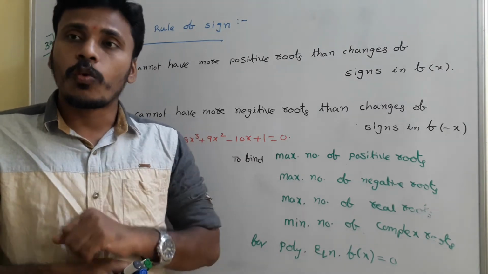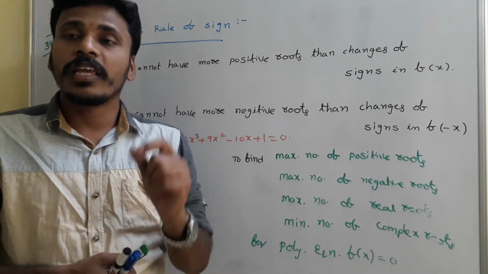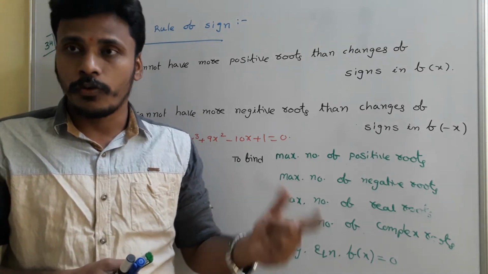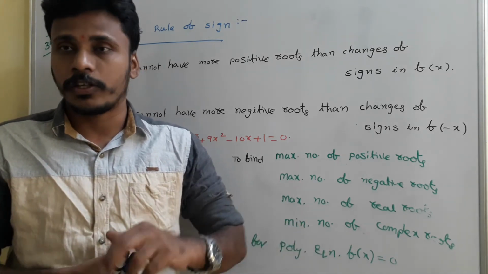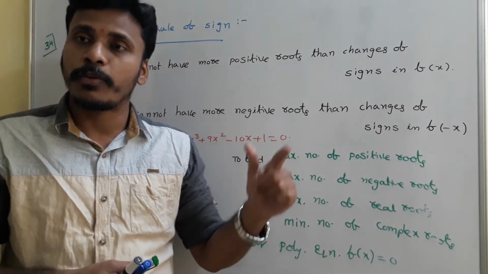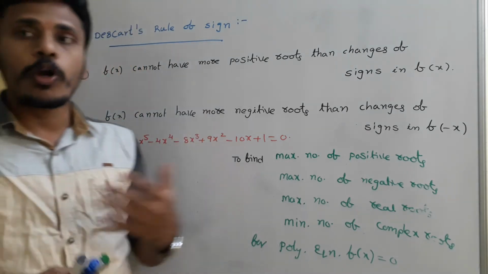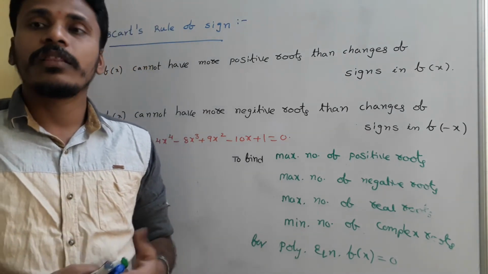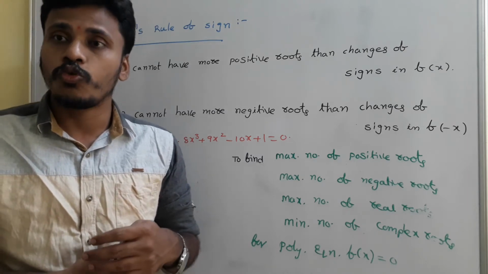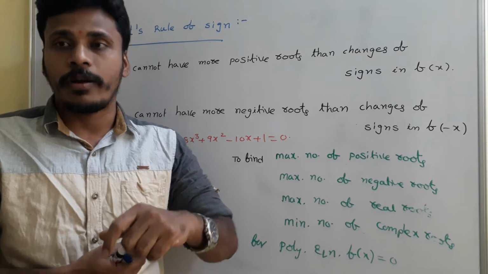Related to the quadratic equation, the discriminant b square minus 4ac gives you an idea about the number of real roots and the number of complex roots. For quadratic, the discriminant will decide the number of real and complex roots, whereas for polynomial equations of any degree, this Descartes rule of sign helps us to mention the number of real roots as well as complex roots.